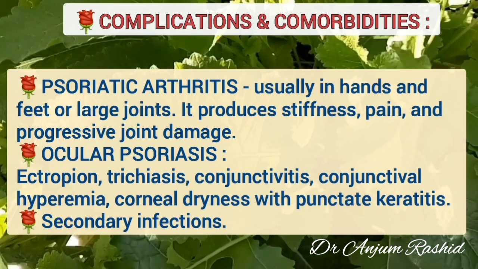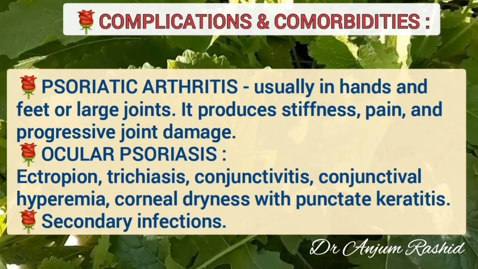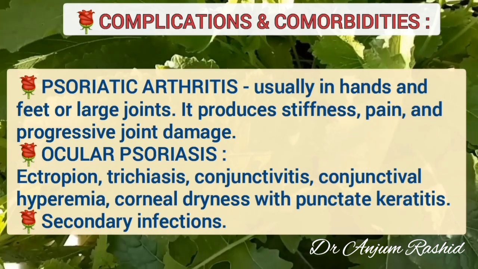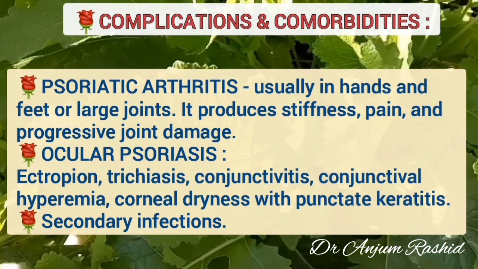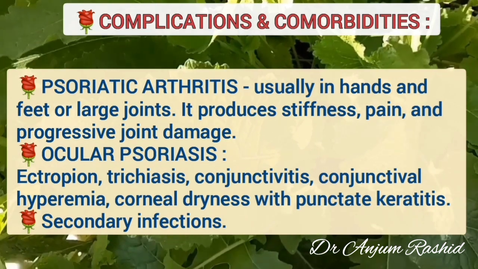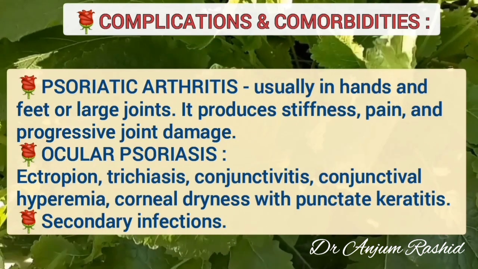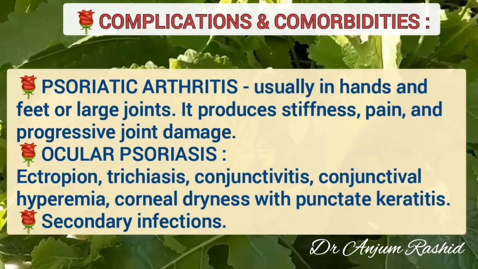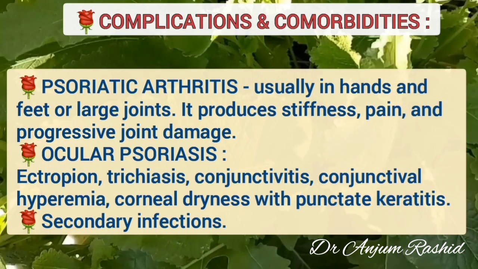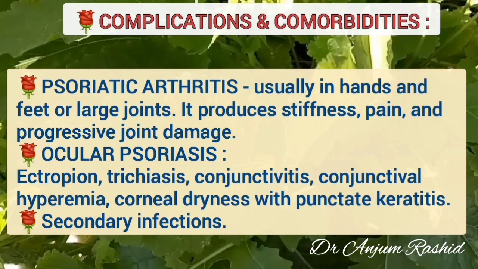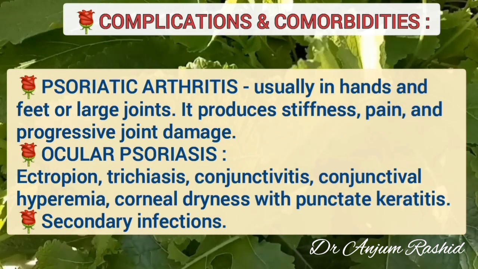Now the complications and comorbidities. First is the psoriatic arthritis. This usually occurs in hand and feet joints, but in rare cases large joints may be involved. There is stiffness, pain, and progressive joint damage. Ocular psoriasis is also important. This produces ectropion, trichiasis, conjunctivitis, conjunctival hyperemia, corneal dryness with punctate keratitis.